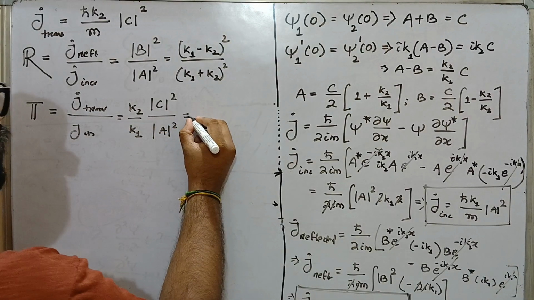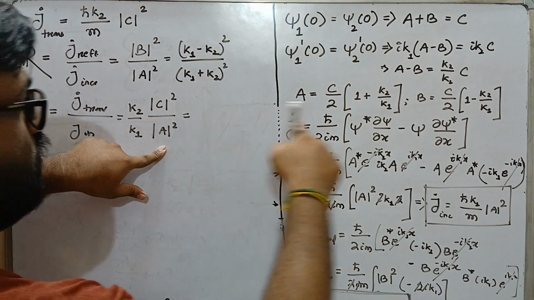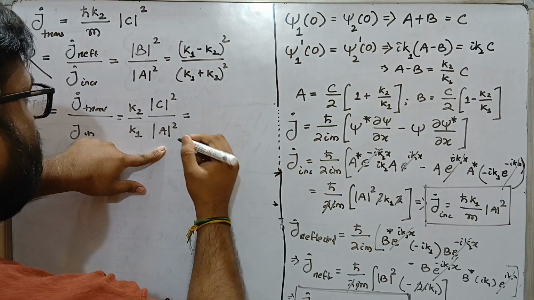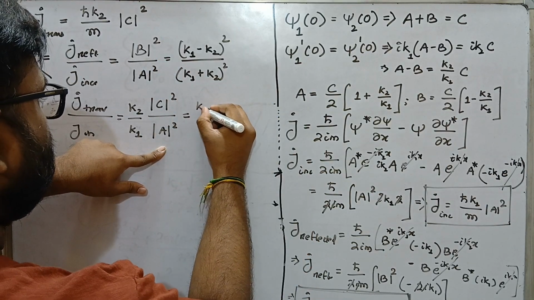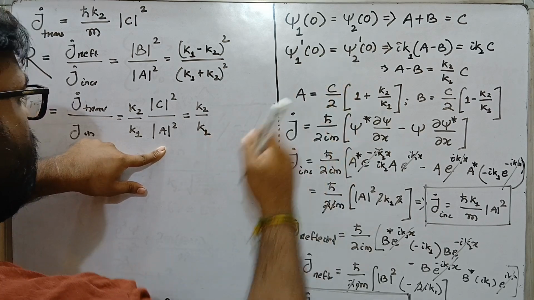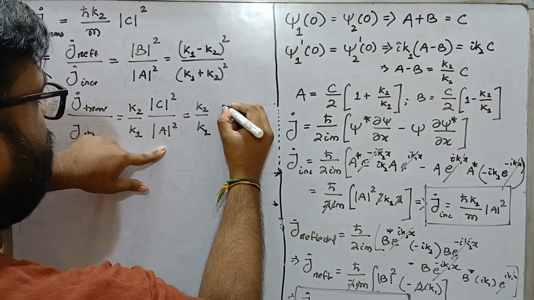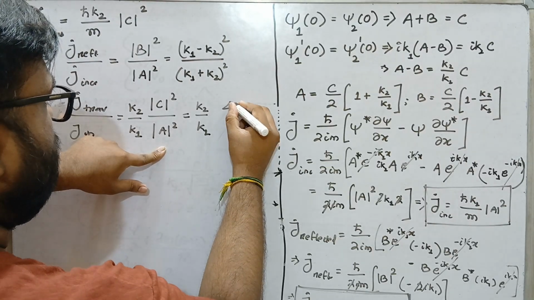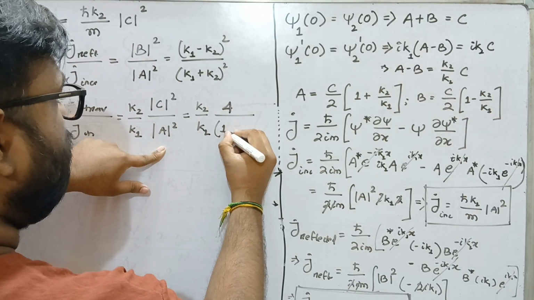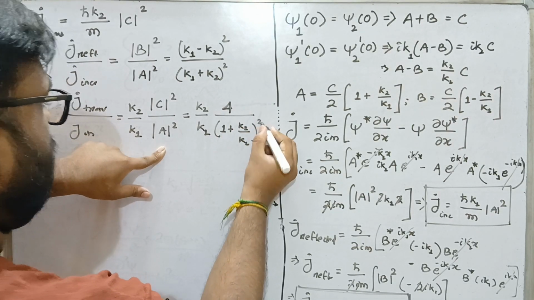Now, instead of A, if we use this formula, it will come out as k2 by k1, the C's will cancel, and here we will have 4 divided by (1 plus k2 by k1) whole square.